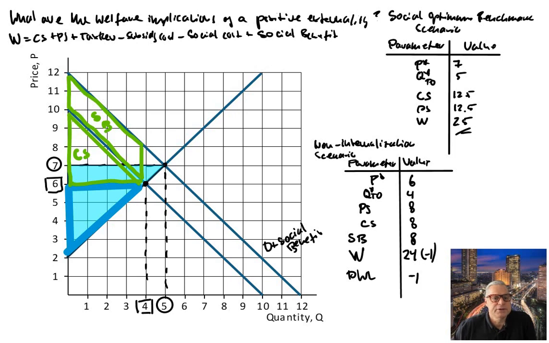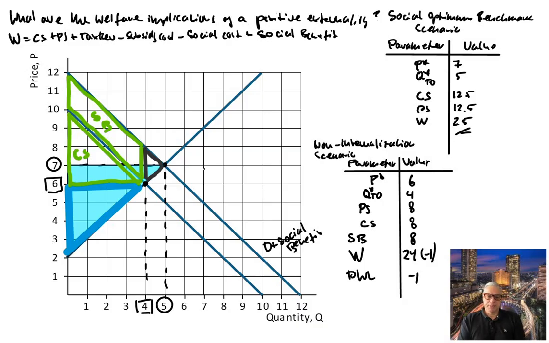It is obviously this triangle here, because if we took into consideration the social benefit, well, we would have more economic activity, but we don't realize that economic activity because we somehow do not internalize that social benefit.